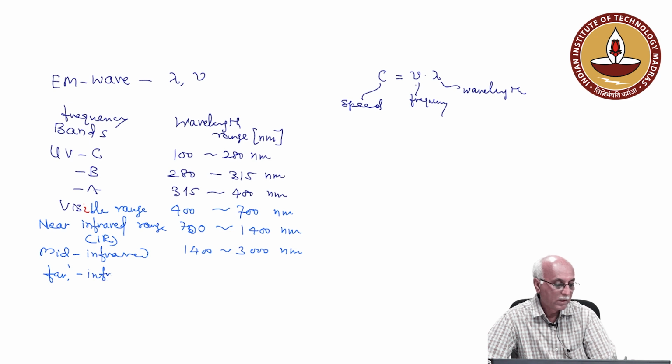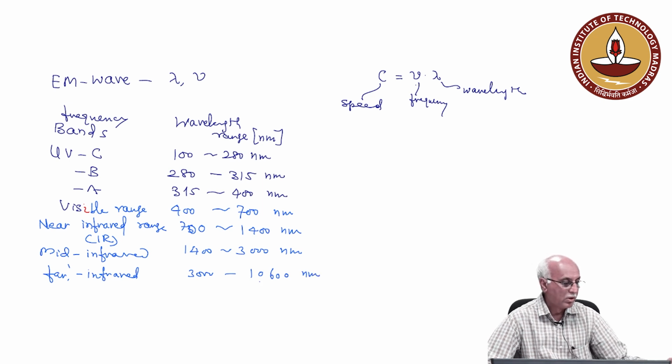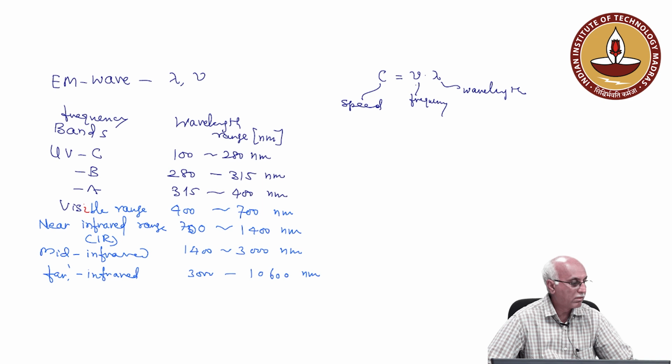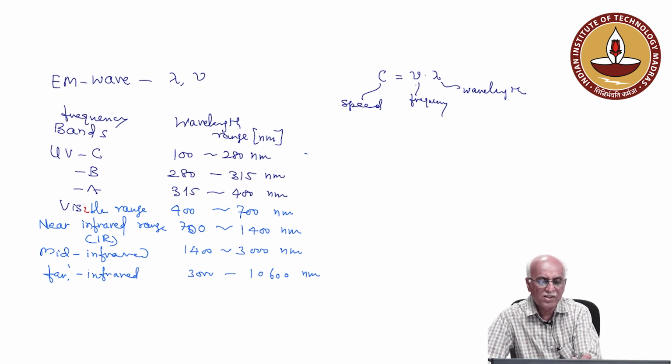In some books, the mid infrared range may go up to 5 micrometer, and then beyond that is the far infrared, up to let's say 10,000 nanometer, the CO2 laser wavelength of 10.6 micrometer, so it is 10,600 nanometer also. That will be the approximate range.